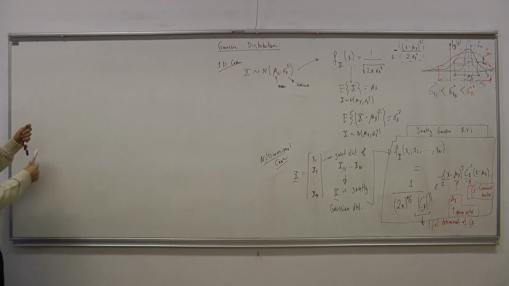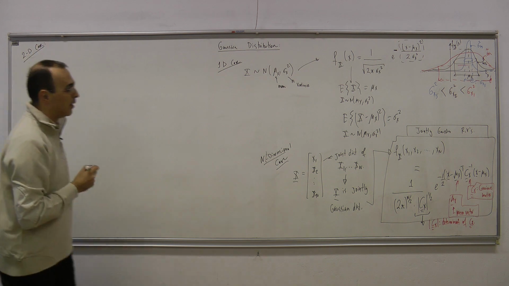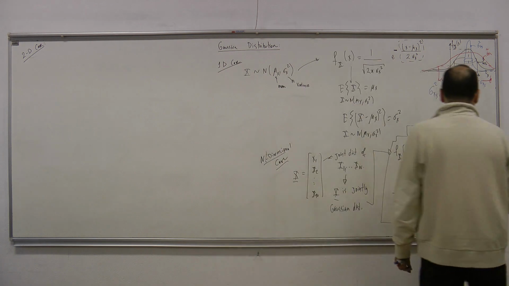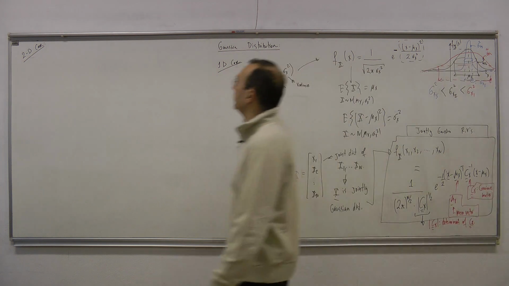So let me look at this two-dimensional case more specifically. So this is n-dimensional. In the two-dimensional case, I need to think about vectors with 2 entries. And this covariance matrix is 2 by 2. This mean vector is 2 by 1, and that is it.